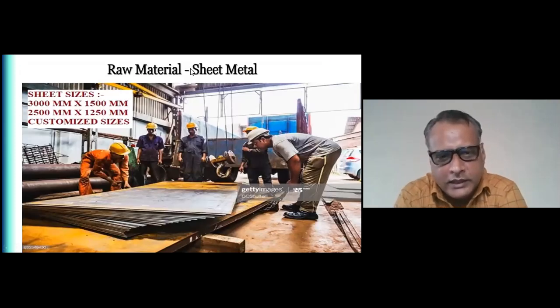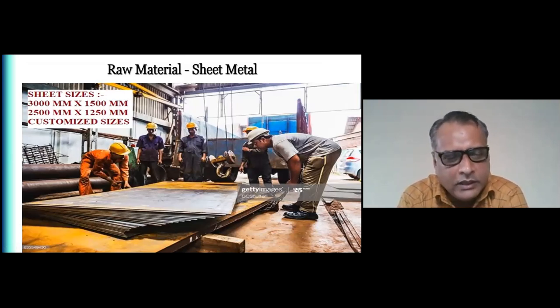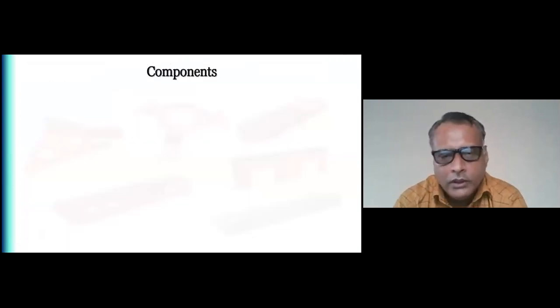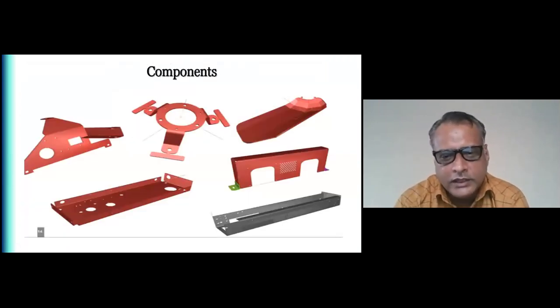So this is the generalized picture of how the raw material sheet metal looks. People are unloading the metal sheets. The standard sheet sizes available are 3000 mm by 1500 mm and 2500 mm by 1250 mm, and other sizes are customized sizes also. This is the general picture of how the components of sheet metal look.